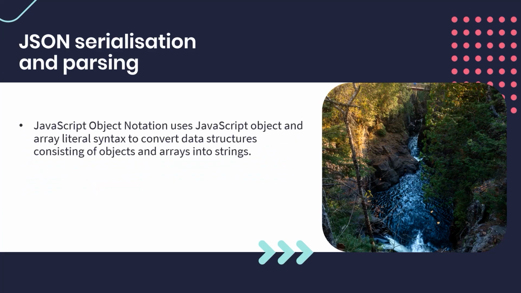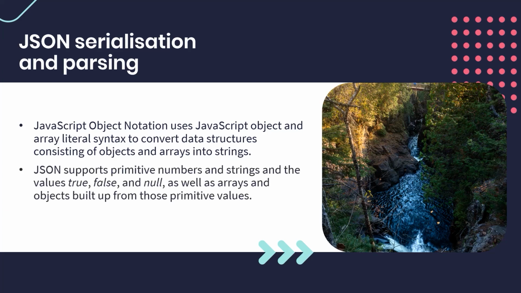The easiest way to serialize data in JavaScript is using a serialization method known as JSON, and this acronym stands for JavaScript Object Notation, and as the name implies, the format uses JavaScript object and array literal syntax to convert data structures consisting of objects and arrays into strings.